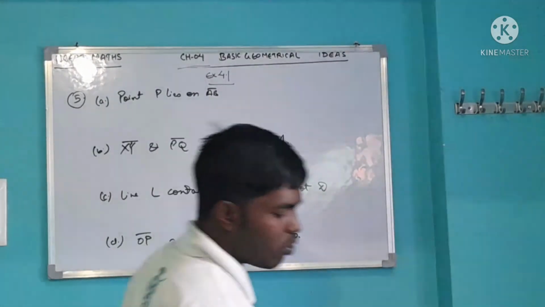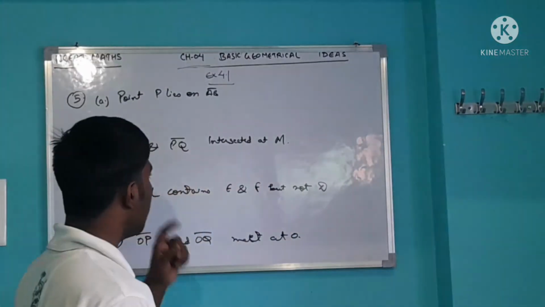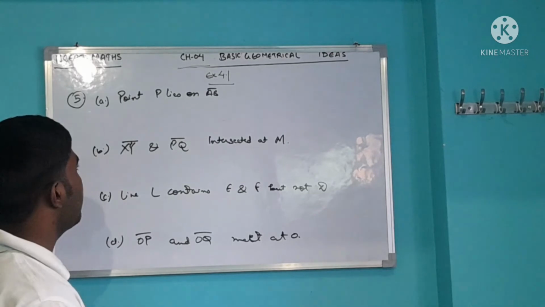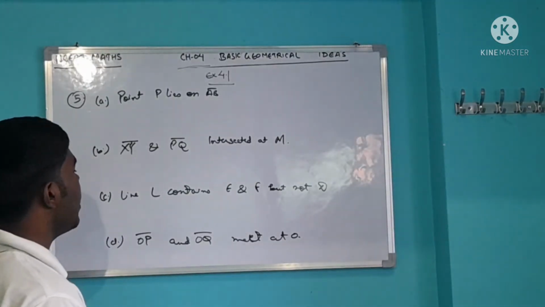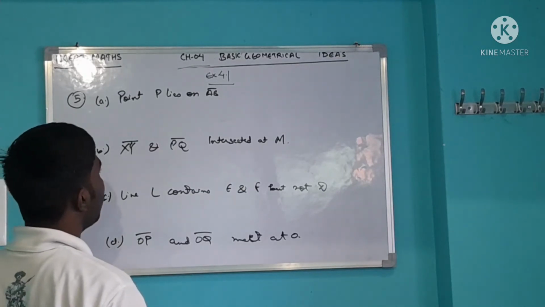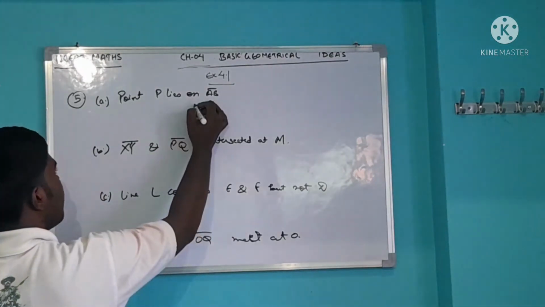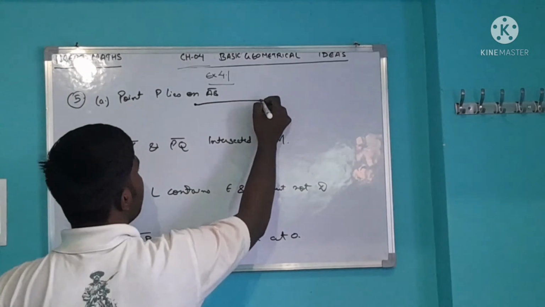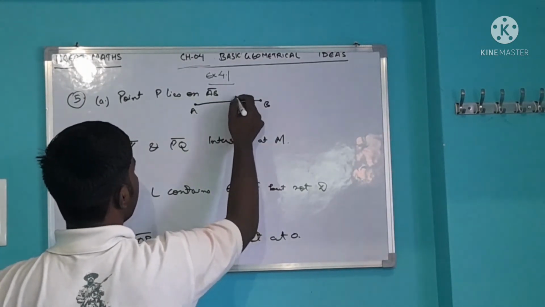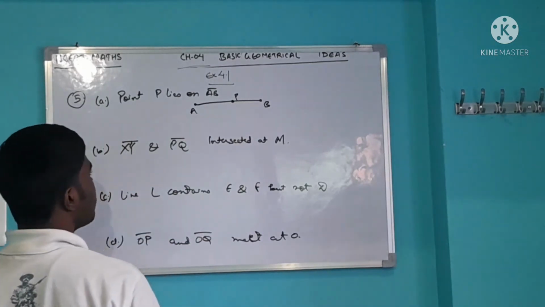So this is our fifth question, which is based on word problem, and we need to draw a rough figure based on our given question and also label it. In first part we have point P lie on AB. Simply we draw AB line, AB segment line, and point P anywhere. This is our first question answer.